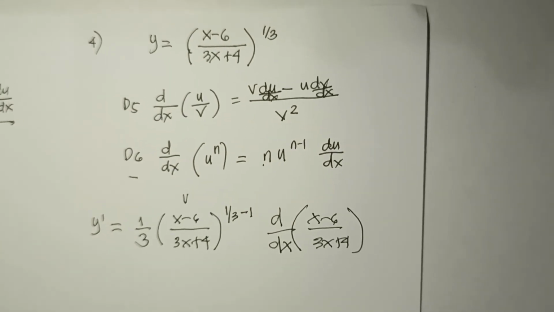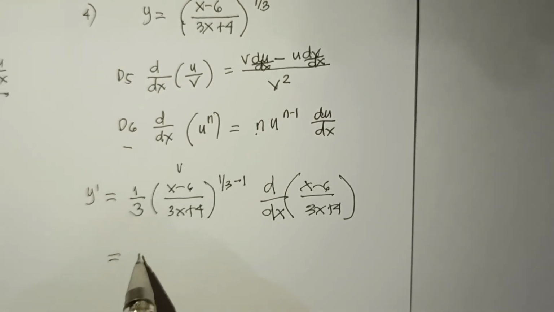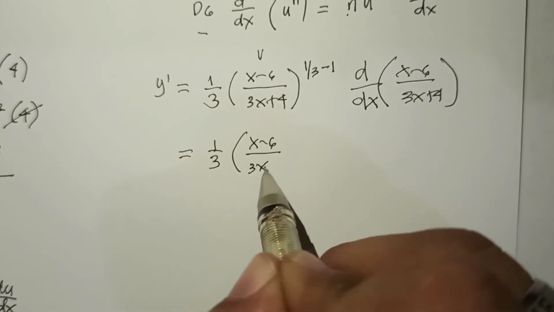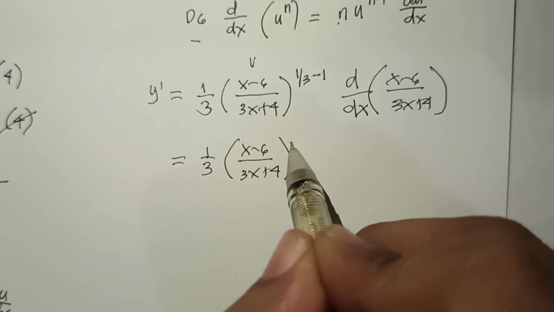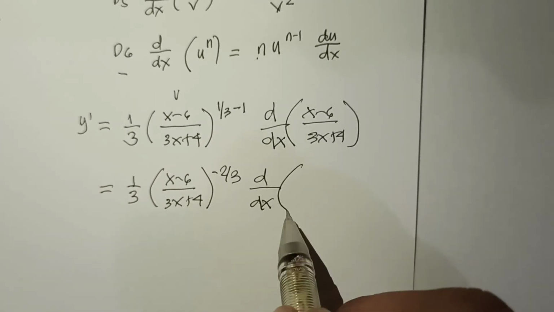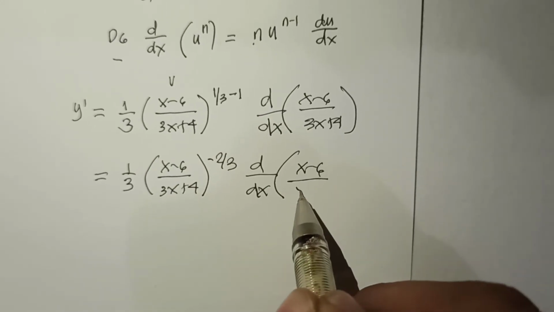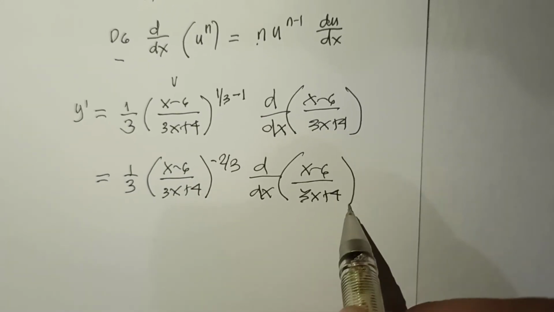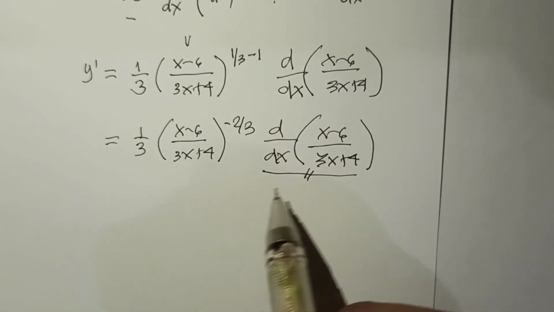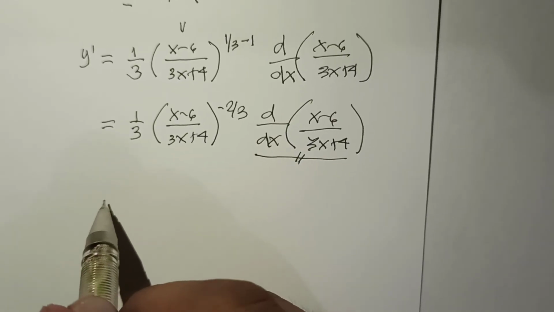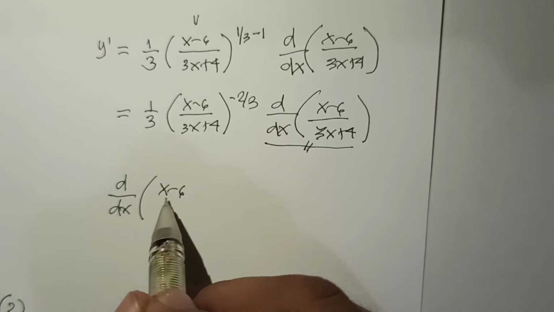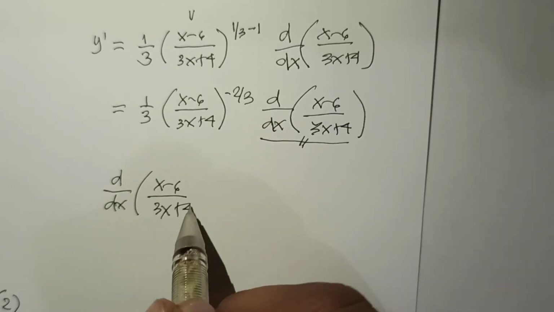So this time, we equate this 1/3, so x minus 6 over 3x plus 4 will become negative 2/3, then the derivative of x minus 6 over 3x plus 4. So we will first solve this part. So we have a separate solution for this one.